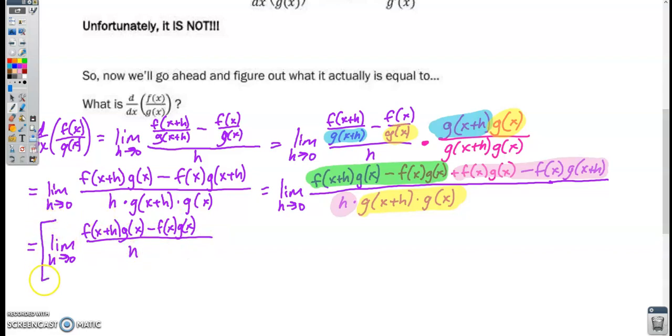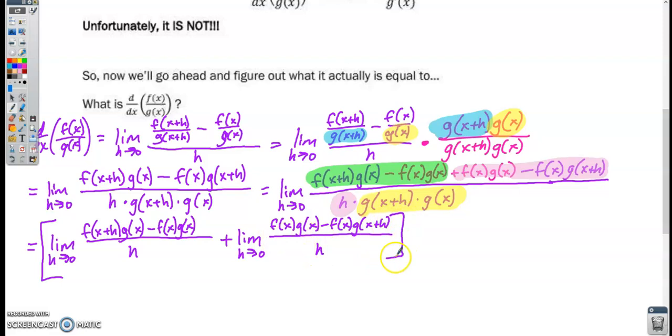And I'm going to need to bracket this because this is going to be multiplied by the last quantity that we do, plus the limit as h goes to 0 of f of x g of x minus f of x g of x plus h all over h, times the limit as h goes to 0 of 1 over g of x plus h times g of x.